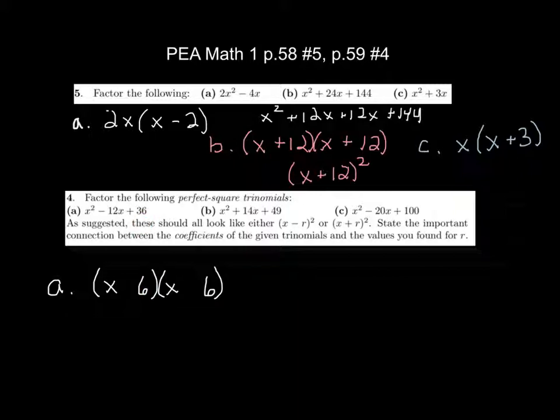They would both be minus because I need them to add to a negative 12. So my perfect square would be x minus 6 squared.